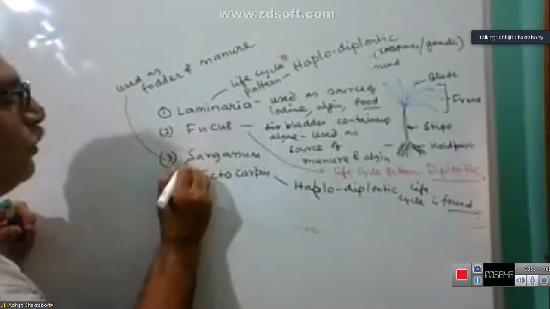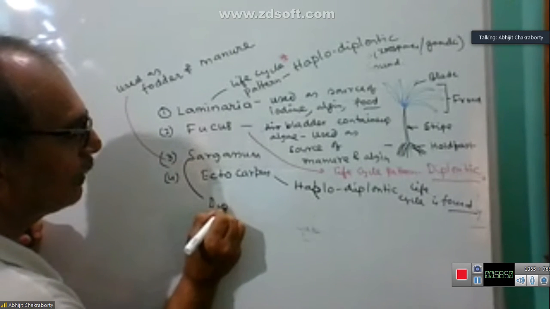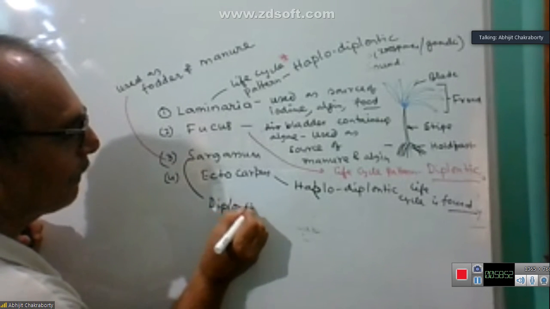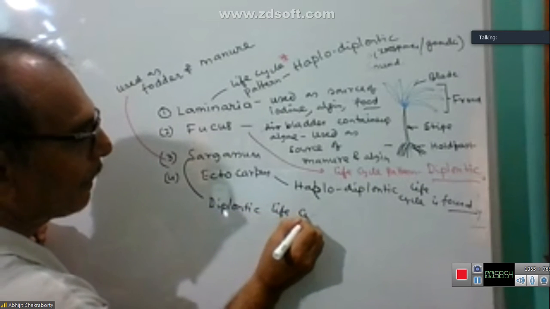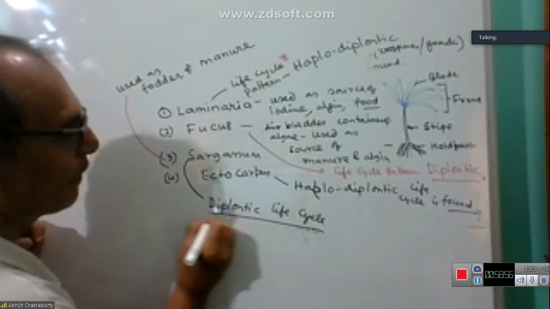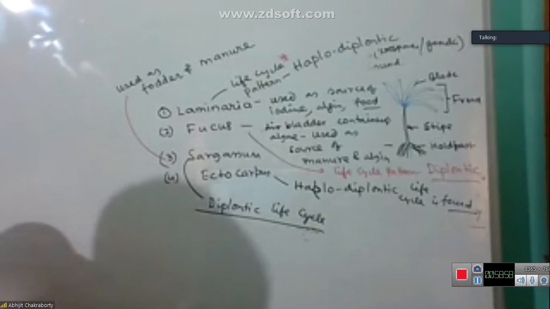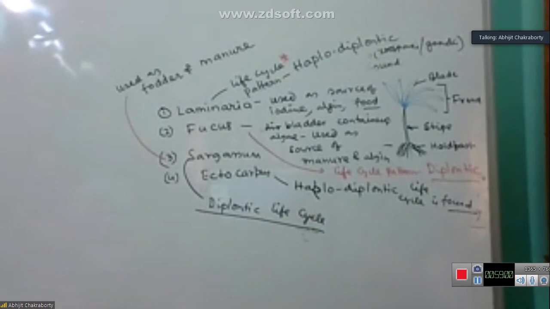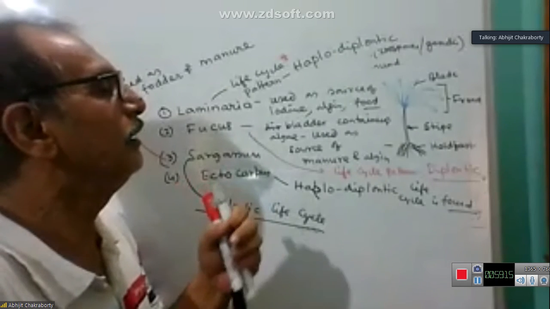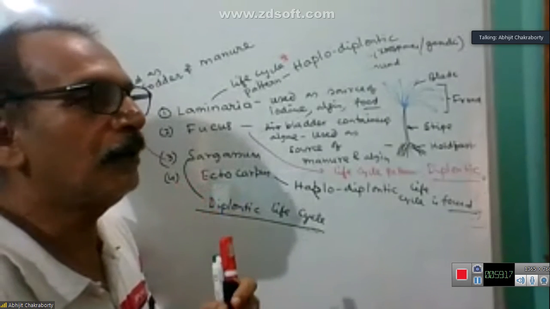It shows a diplontic life cycle. Sargassum shows a diplontic life cycle. Brown algae, I think it is clear now.